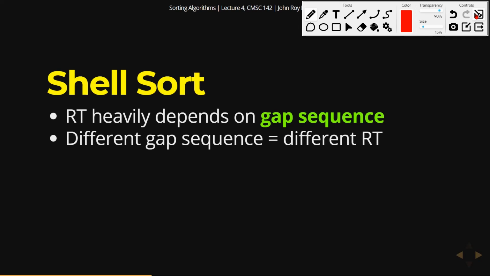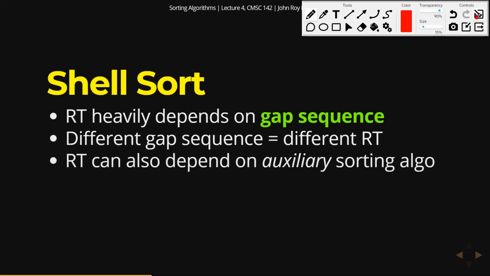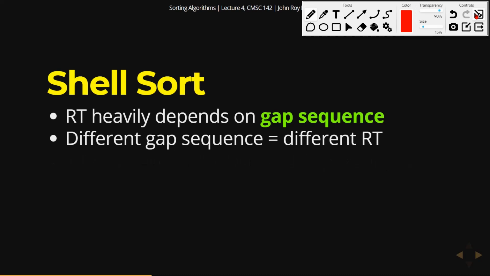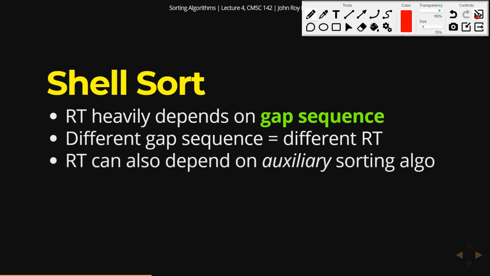Okay, so if you have a different gap sequence, it could lead to different running times, and the running time can also depend on an auxiliary sorting algorithm. So which algorithm are you using to sort the columns? So if you're using, let's say, selection sort as the other sorting algorithm, then it could run slower than maybe if you use something like Quicksort or other faster algorithms.